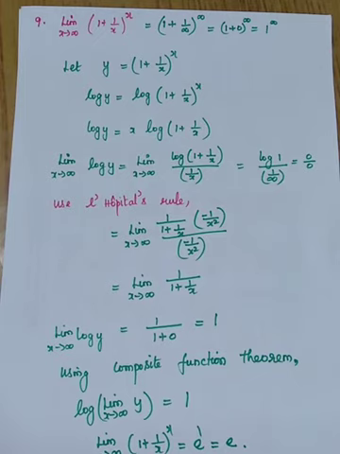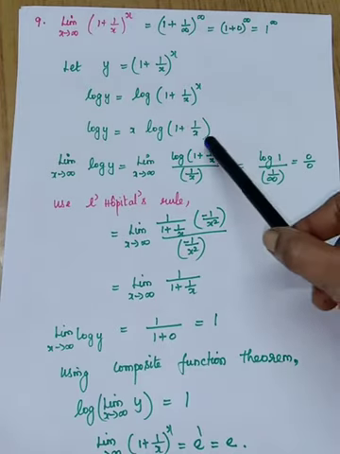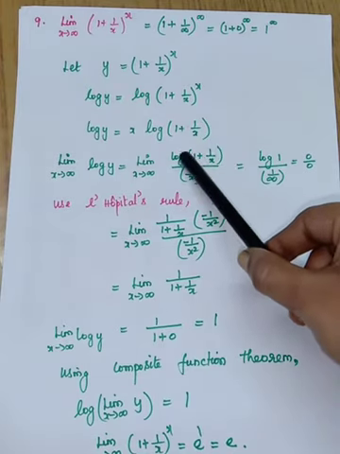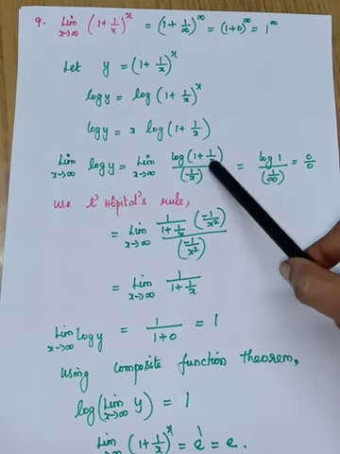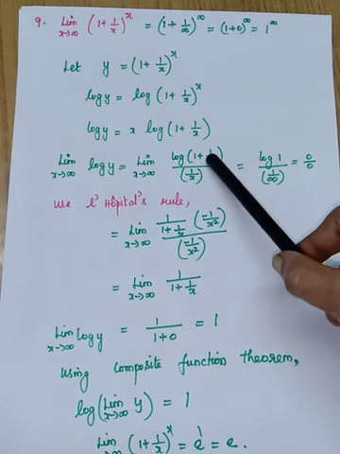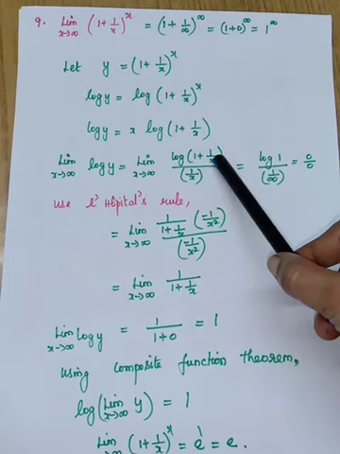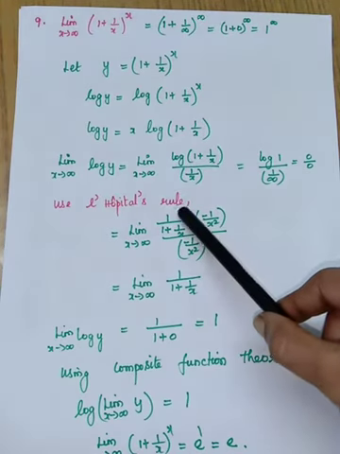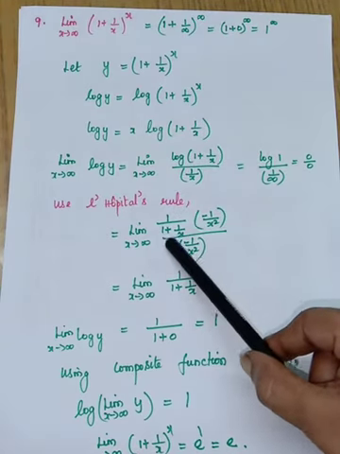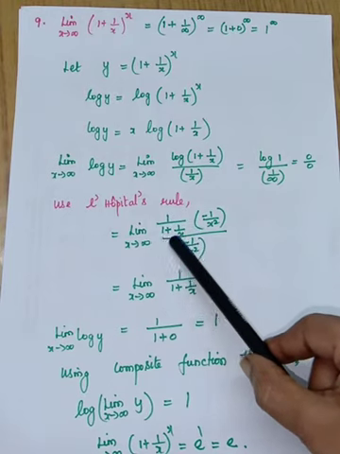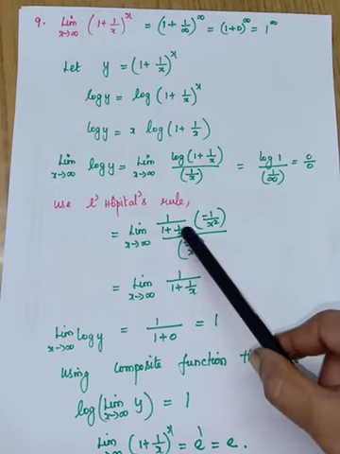So how to differentiate a logarithmic function? Log x, the differentiation is 1 by x. So you have to use the chain rule. First you keep 1 plus 1 by x as x. So it is in the form of log x. The differentiation of log x is 1 by x. So in the place of x you have to write 1 plus 1 by x.